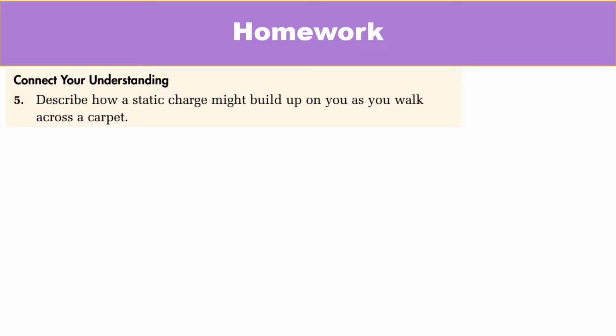Okay, the second question asks you guys to describe how a static charge might build up on you as you walk across a carpet. We did numerous times about this. I'm going to draw. Let's say this is Noah. And we have carpet.